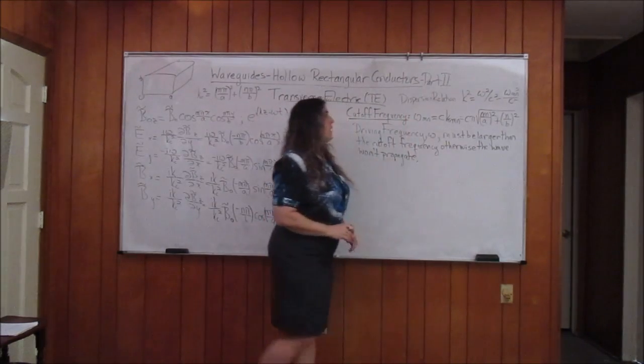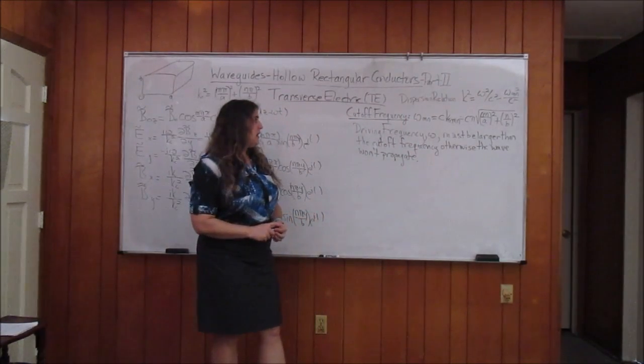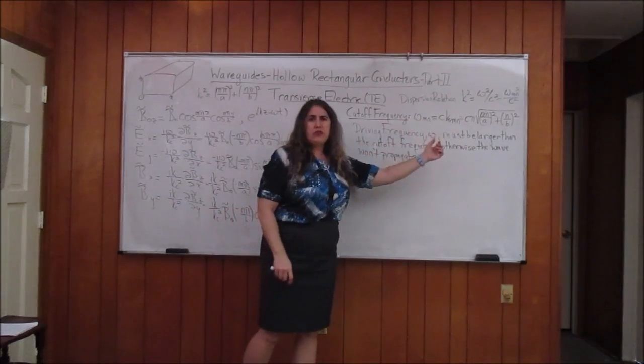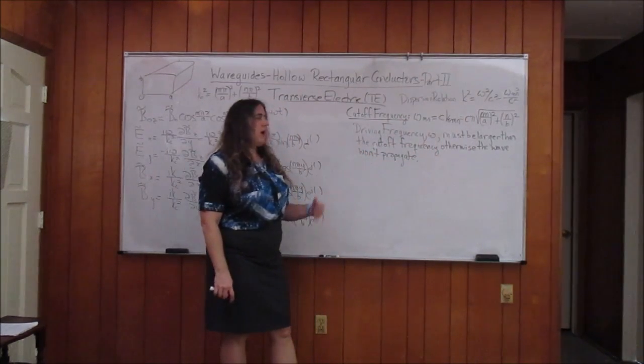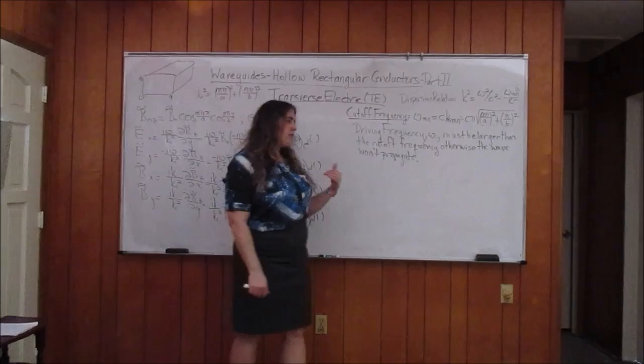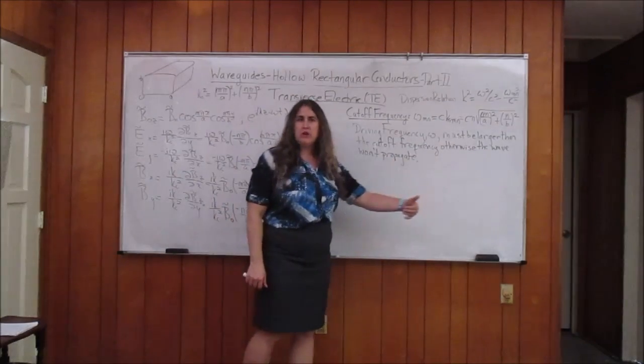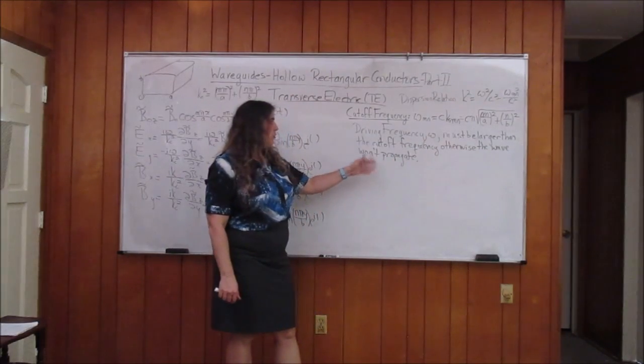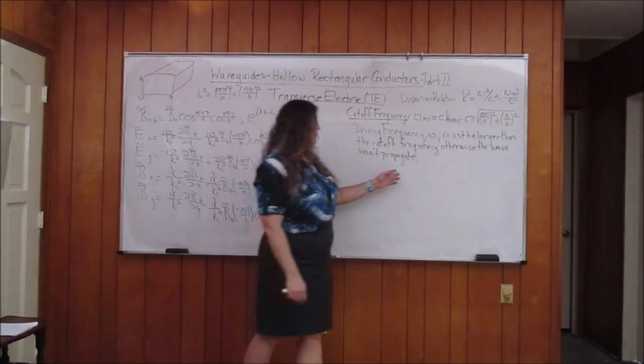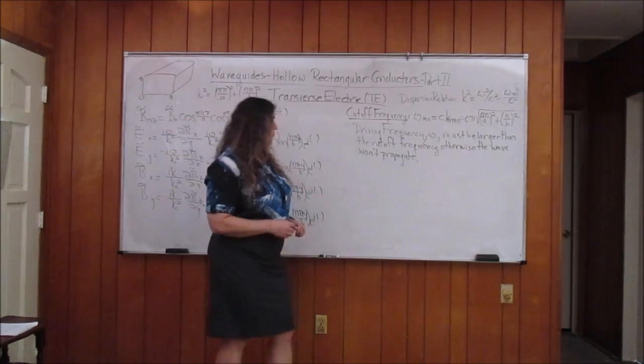You see right here, if omega happens to be less than omega mn, then k is going to be imaginary, and you don't have a propagating wave. In other words, the wave isn't going to travel down the waveguide carrying energy with it. Essentially, the wave is going to be evanescent. Okay?